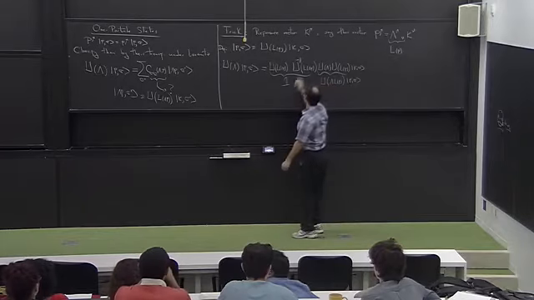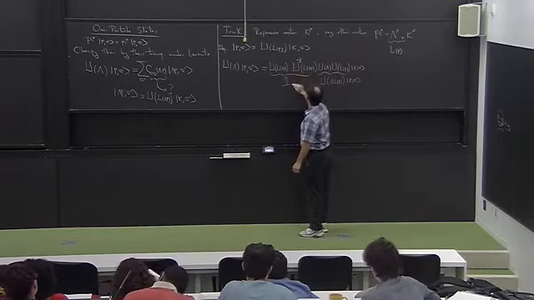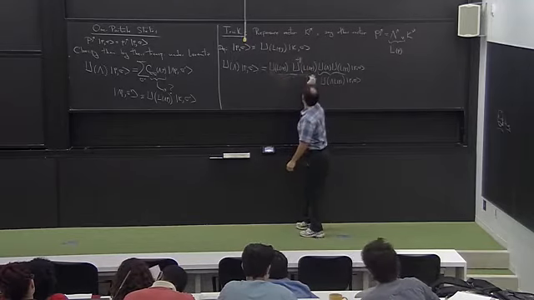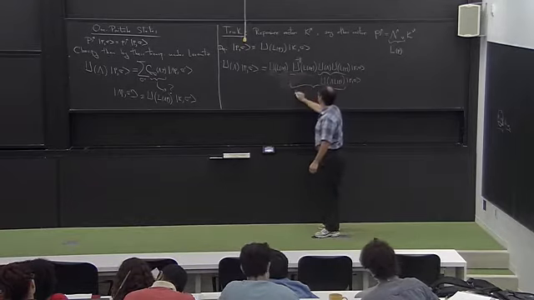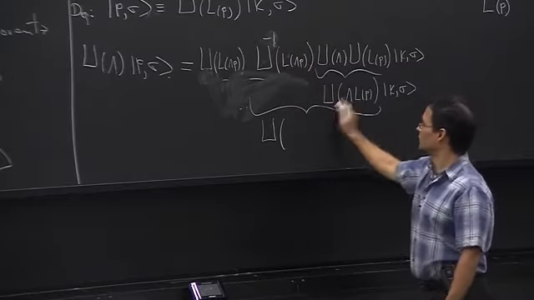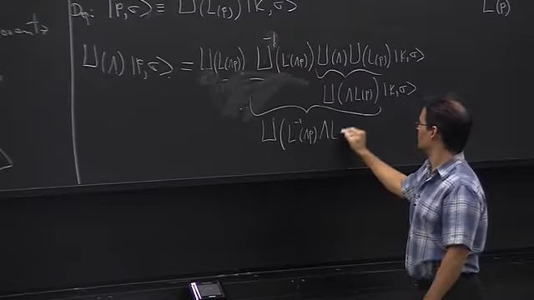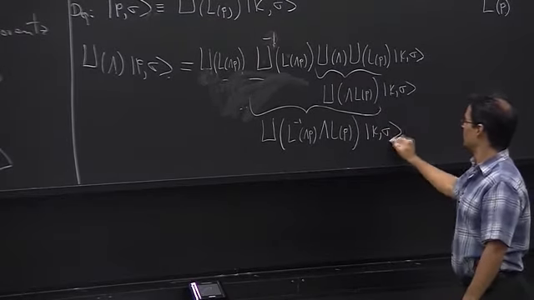Okay. So having done this, now I'm going to put this inverse inside. I'm going to put all this together as U. The inverse goes inside. It composes with this. I have L inverse, lambda P, lambda LP, acting on K sigma.